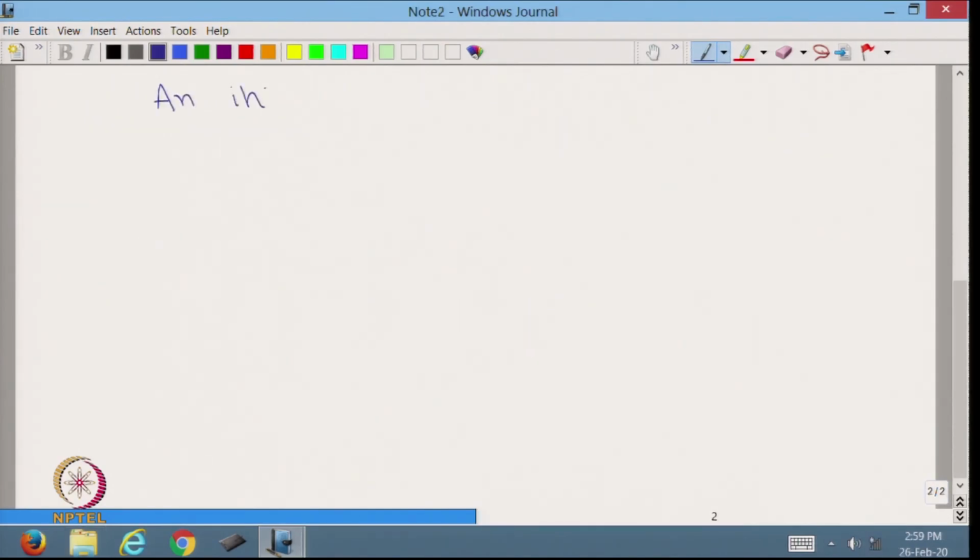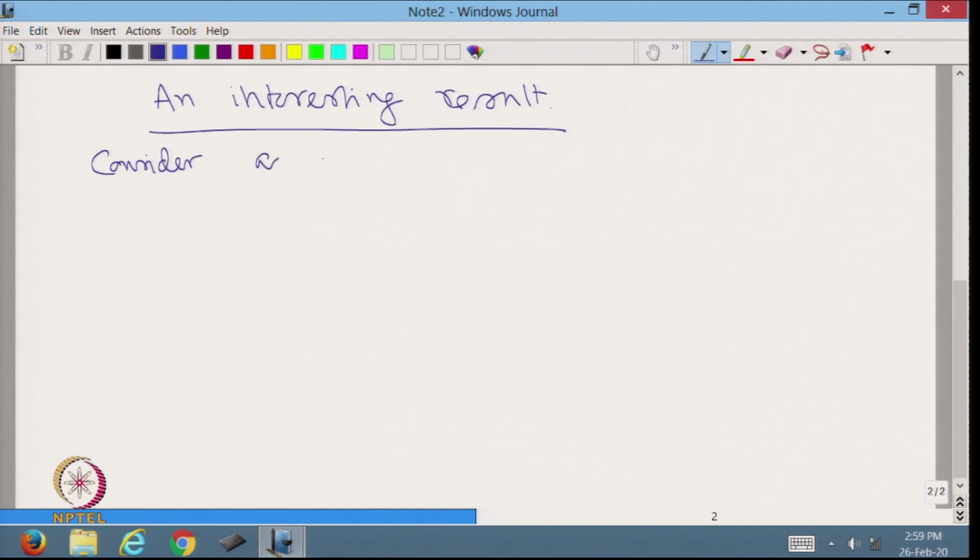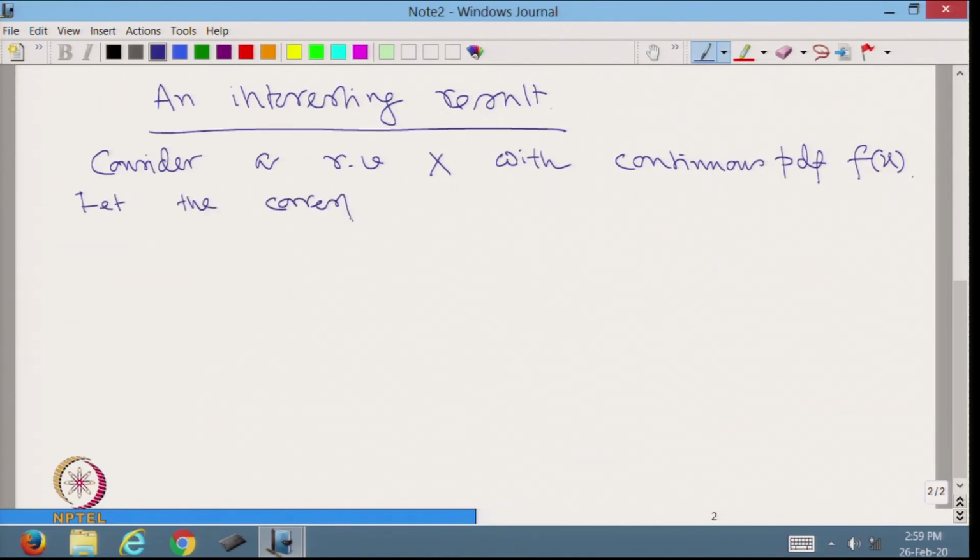So, let us consider an interesting result which comes from the application of the above theorem. Consider a random variable x with continuous PDF f x. Let the corresponding cumulative distribution function be capital F x.